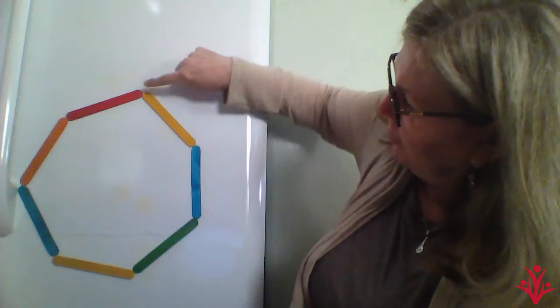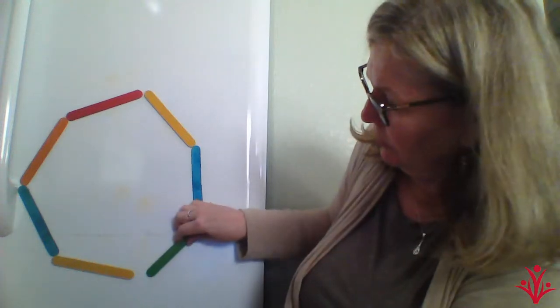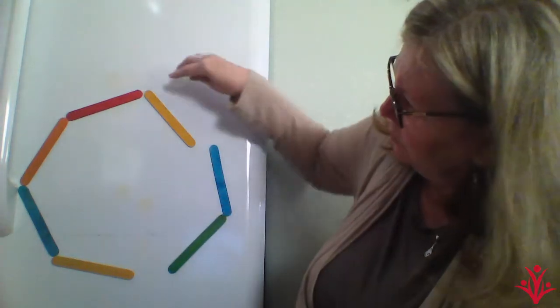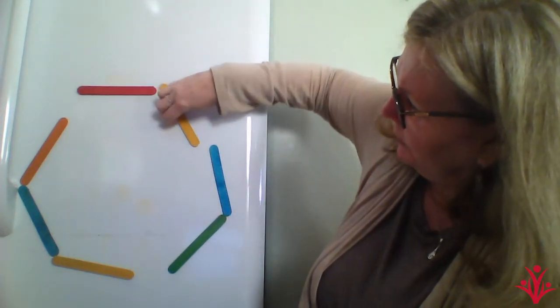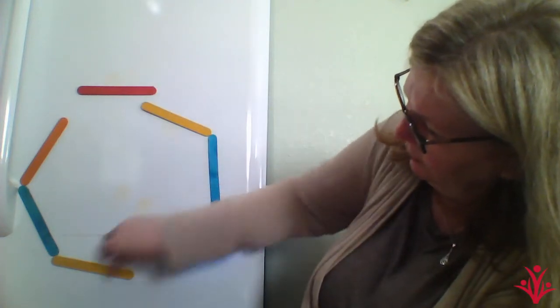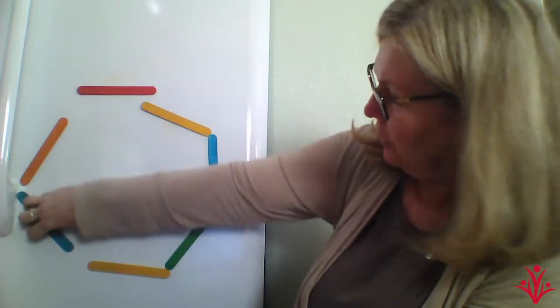Let's count them. 1, 2, 3, 4, 5, 6, 7. I need 1 more. Oh my goodness, this is going to be really big. Do I need 1 more? So 1 on the top, 1 way up there, right here, 1 more right here, 1 more right here.